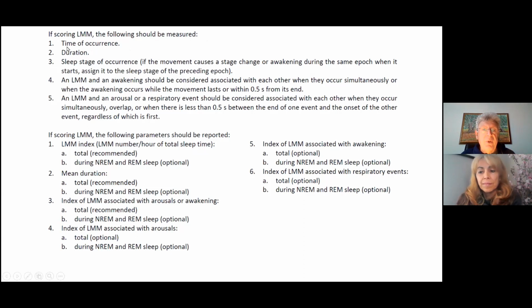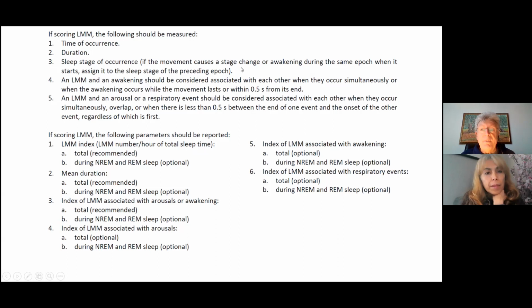So we need to note down the time of occurrence, the duration of each movement, the sleep stage of occurrence, and remember the rule that if the movement causes a stage change or awakening during the same epoch when it starts, assign it to the sleep stage of the preceding epoch.